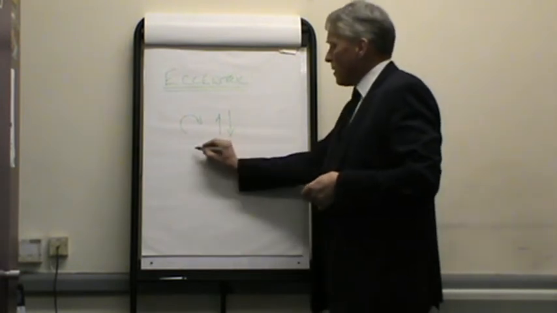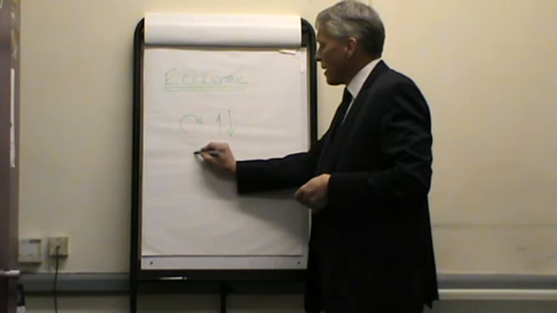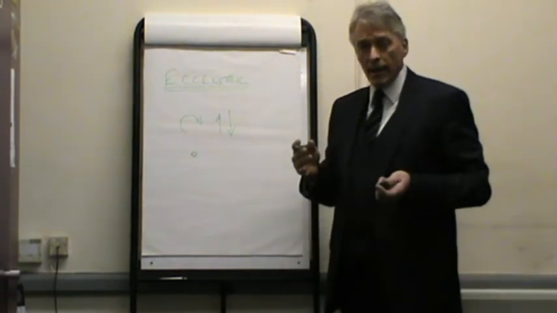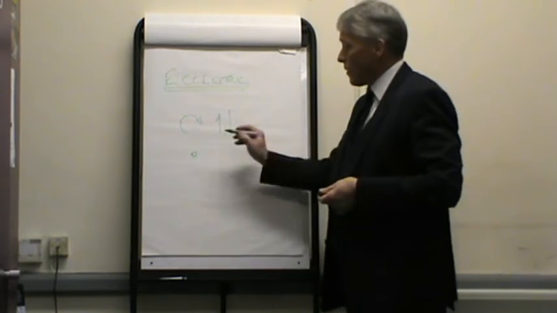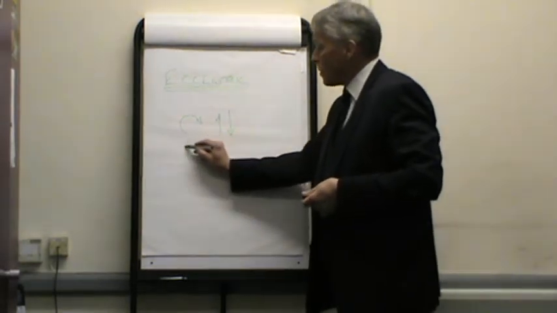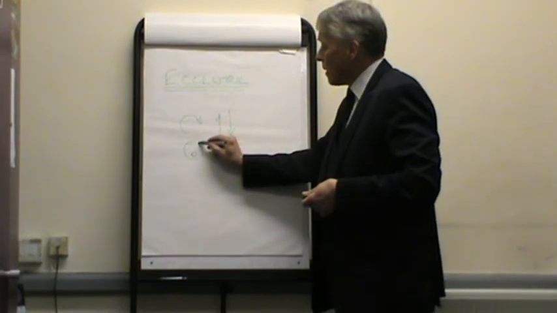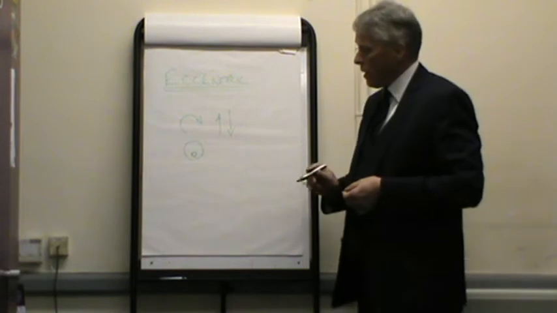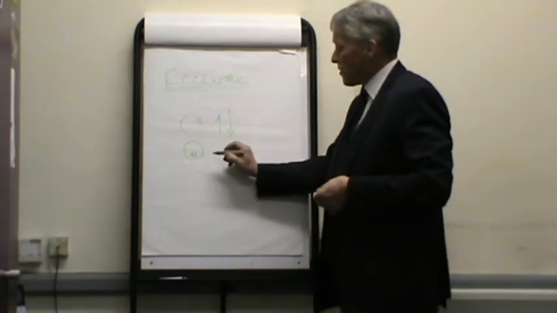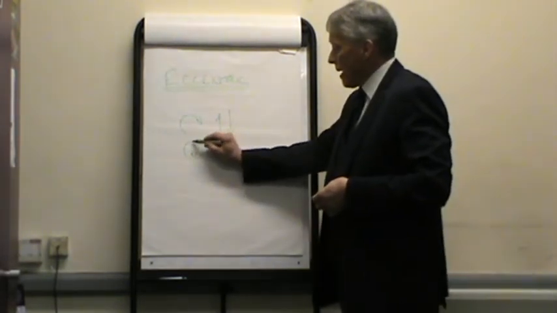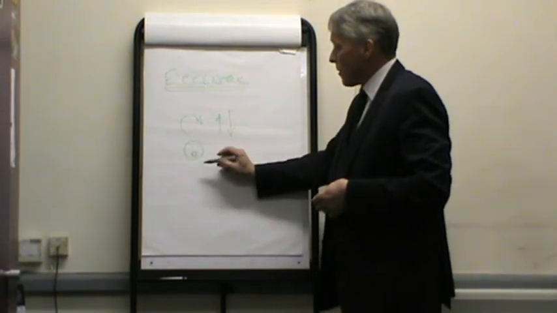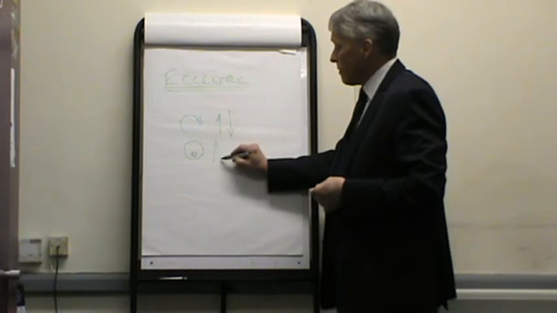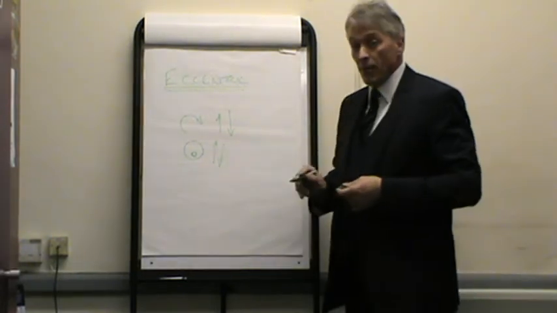If we imagine a shaft, and we're looking end on to that shaft, an eccentric is simply a shaft with a circle which is mounted eccentrically, so that as the shaft rotates and as the eccentric rotates, it generates an up and down or a side to side movement.